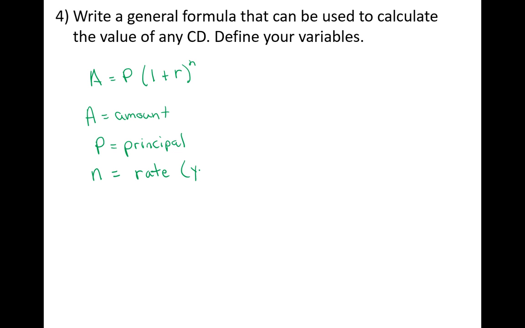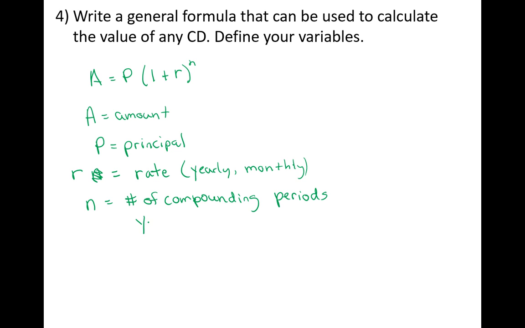Could be yearly, could be monthly, could be weekly, could be daily. And N is equal to the number of compounding periods. That has to agree with the rate.